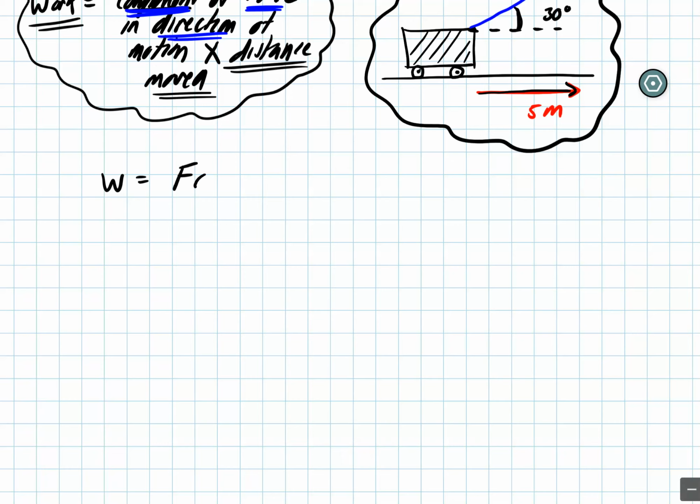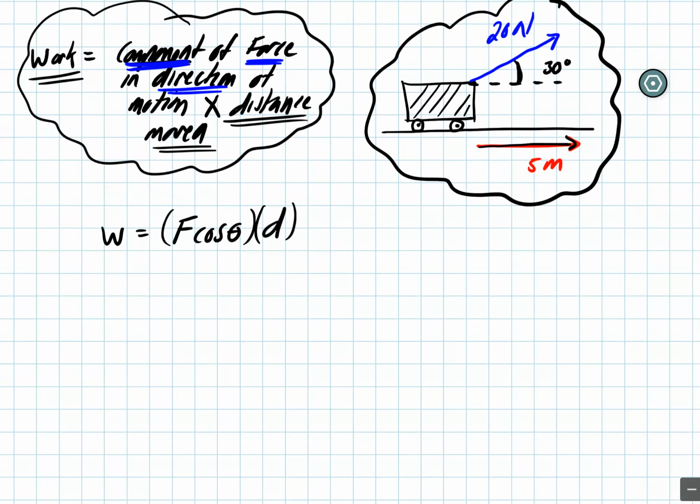So this is going to be F cosine theta times the distance moved. Why is it F cosine theta? Let's look at our force vector. This guy represents that force.